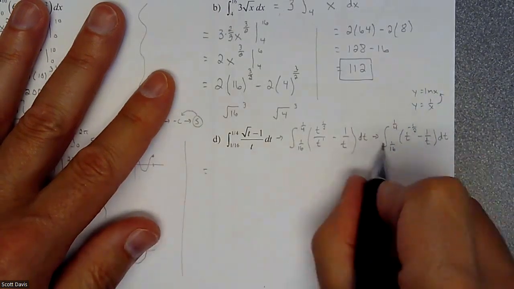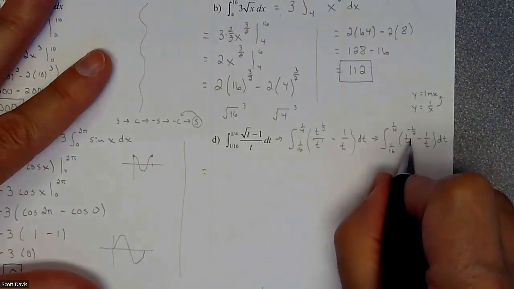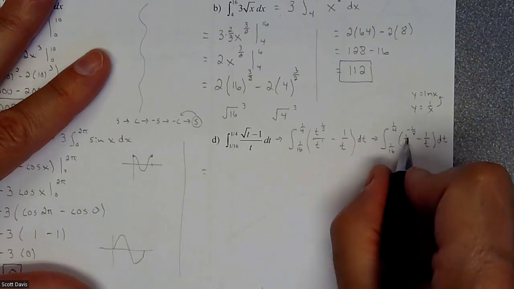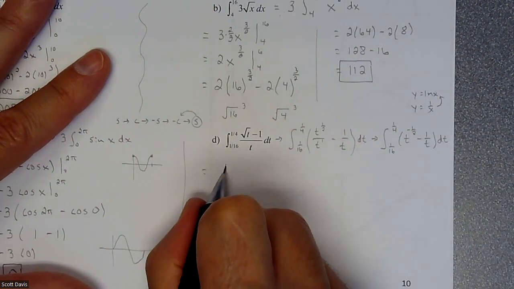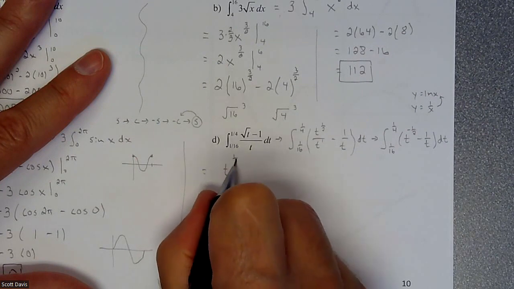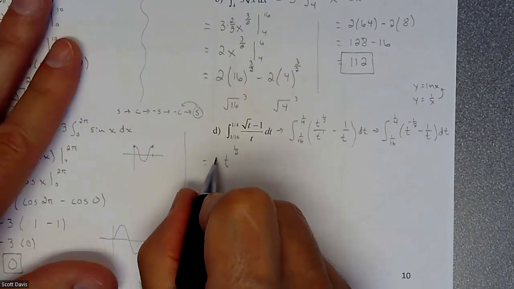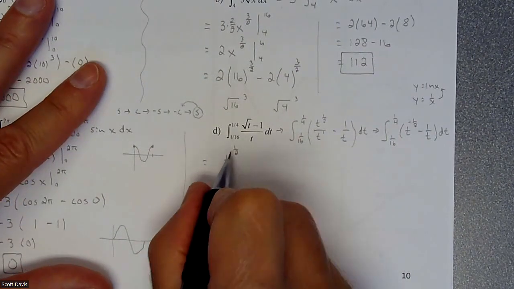All right, so this is what I'm taking the antiderivative of. For this one, I'm going to add a power and then divide by that power. When I add my power, I get a 1/2, but I don't want to divide by a 1/2. I can instead multiply by its reciprocal, which is 2.